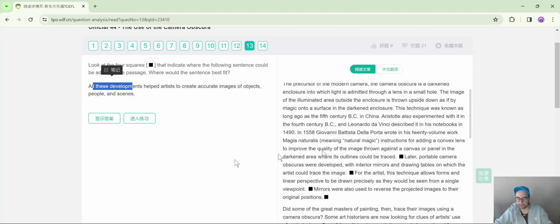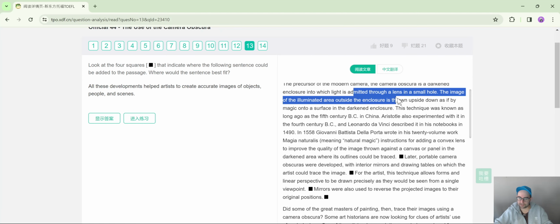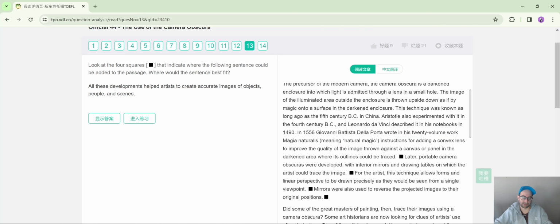So let's see. All right, so this stuff we actually read before. It was in paragraph 1, so kind of speed up and start with the sentence before it. Oh my God, this is a huge sentence. It actually starts here. In 1558, Giovanni Battista della Porta wrote in his 20-volume work, Magia Naturalis, meaning natural magic. Yeah, I remember this. Instruction for adding this to improve the quality.